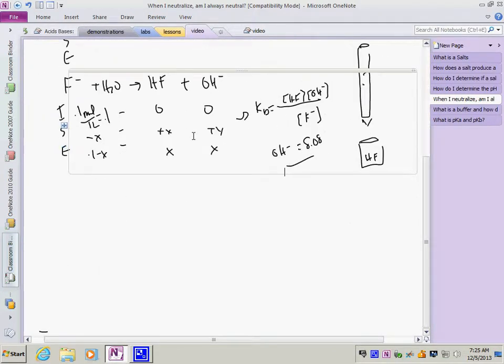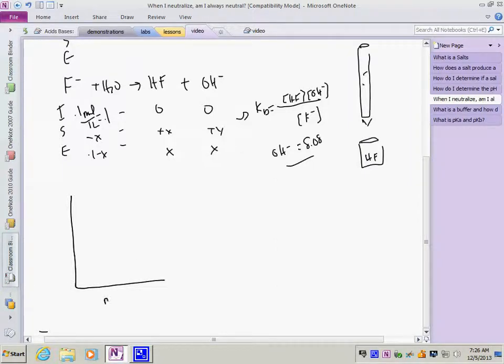I'm not neutral. If I were tracking this on a pH meter, I would see it look like this. This would be moles of hydroxide added, and let's just say this is 0.1 moles. And let's go pH on this side. I would start out being acidic, and it's a weak acid, so let's just say this is 7. I'd be taking it right around here.